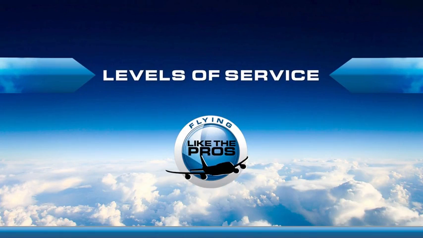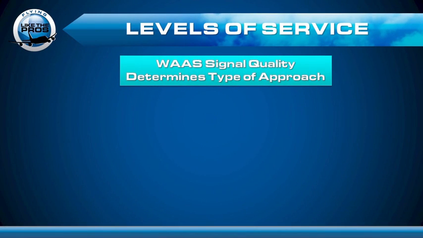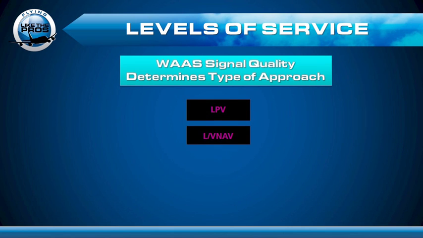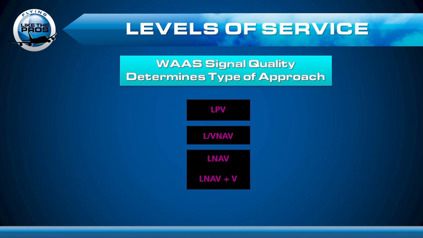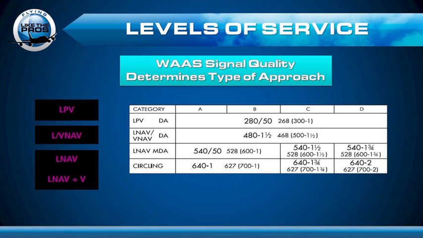Now, one of the great things about WAAS is that it can provide multiple levels of service for RNAV approaches. What the G1000 does is determine how good the navigational signal is while you are flying, and then it tells you what kind of approach it can provide. And it does this by enunciating either LPV, or L/VNAV, or LNAV, or LNAV plus V. And when you get this enunciation, then you as the pilot determine which minimums to use as published on the chart.